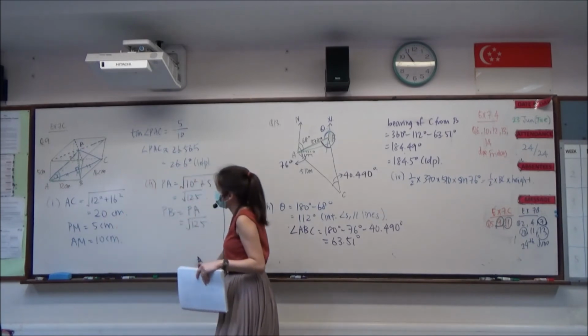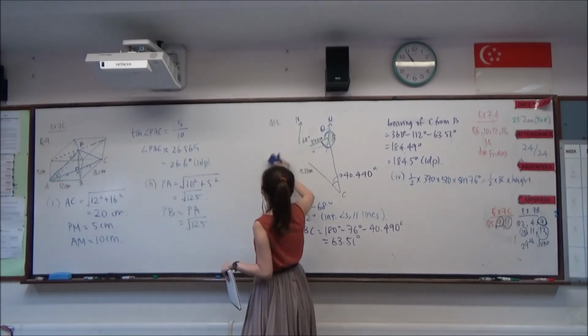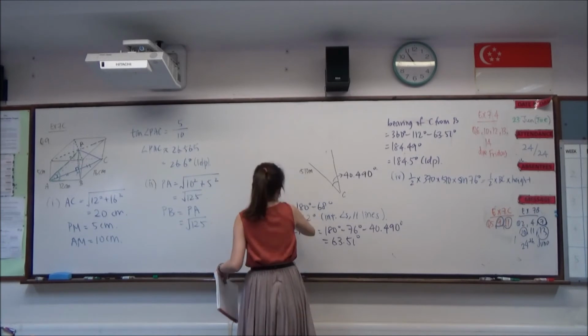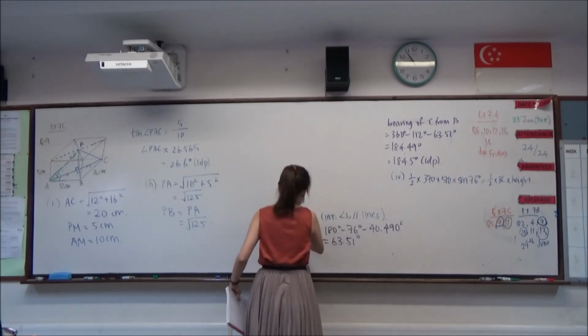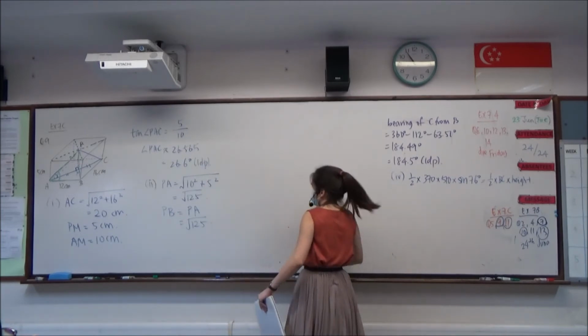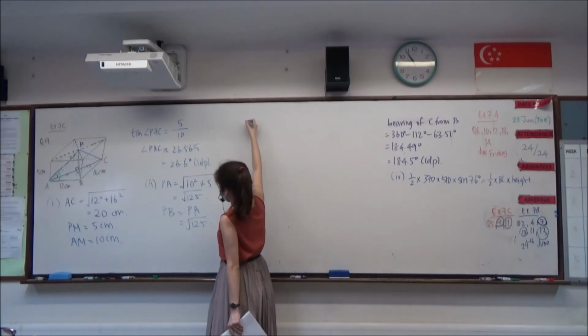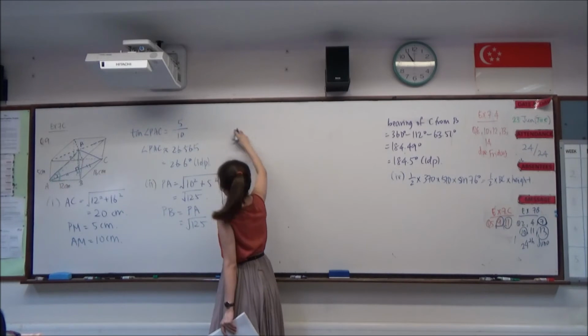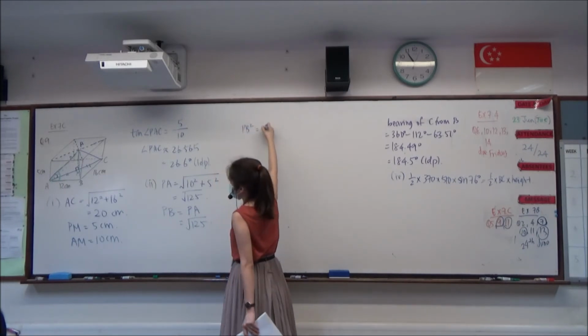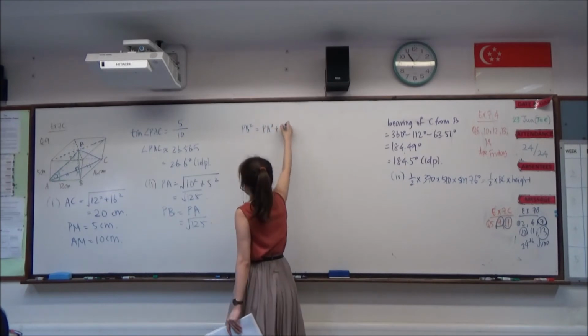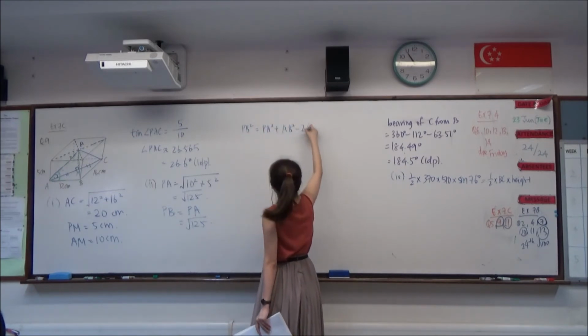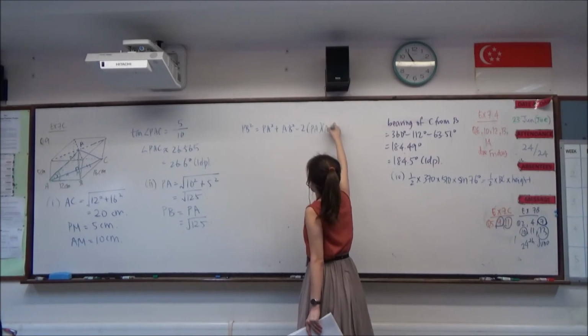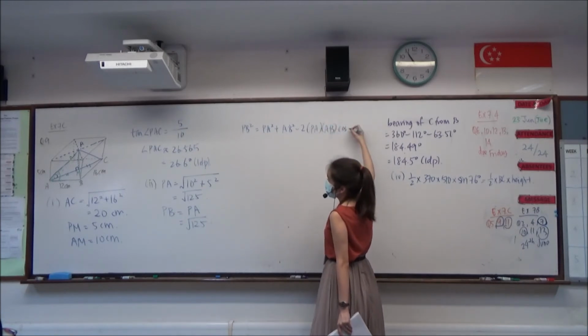So to find the angle required, we can use the cosine rule. We have PB squared equals PA squared plus AB squared minus 2 PA AB cosine angle PAB.